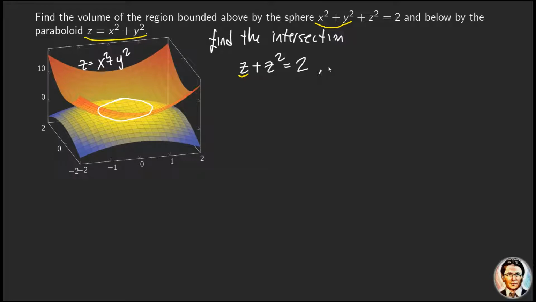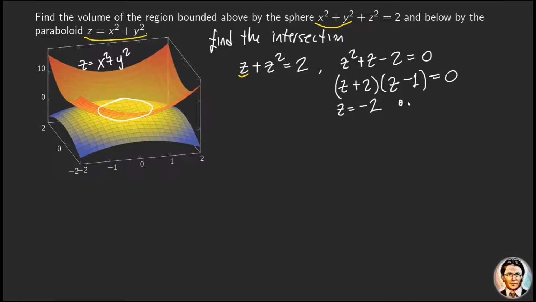Now this is a quadratic equation, which is easy. z squared plus z minus 2 is equal to 0, and z plus 2 times z minus 1 is the correct factorization. So z is either negative 2 or 1.